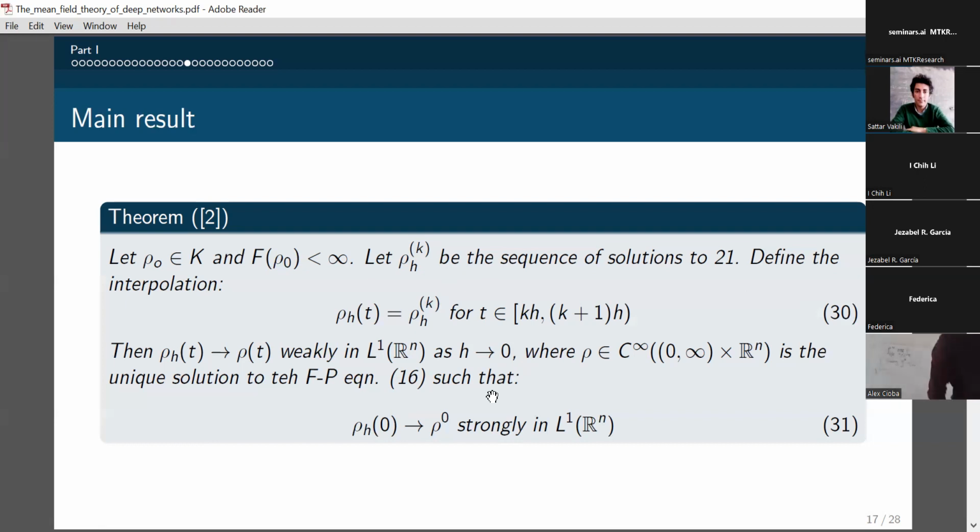So let me just clarify the theory a little bit. I don't really know if this is from where we stand, but it's something like this.